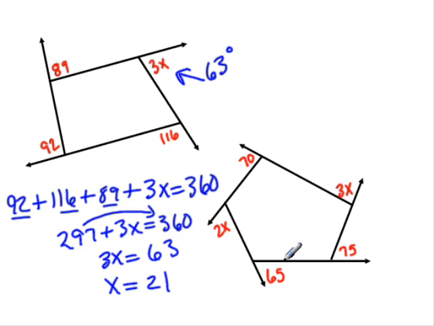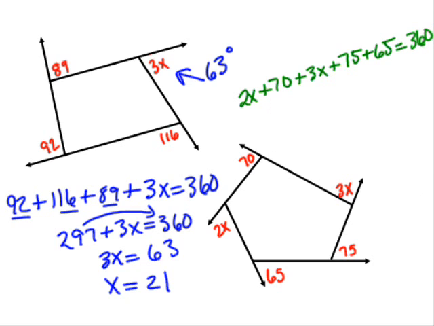Let's look at this other example. We have 2x plus 70 plus 3x plus 75 plus 65, and their sum is supposed to equal 360 degrees, like our theorem tells us.